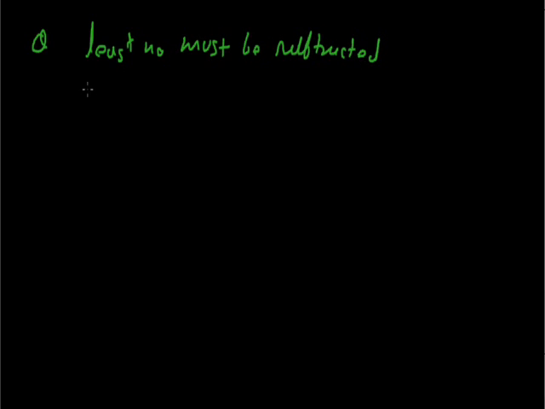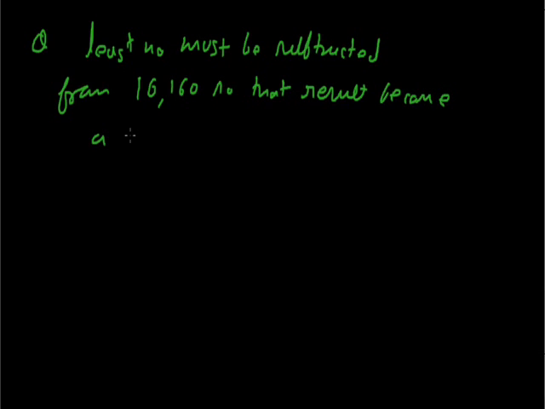Now let's do some problems related to the long division method. The question is, what least number must be subtracted from 16,160 so that the result becomes a perfect square?